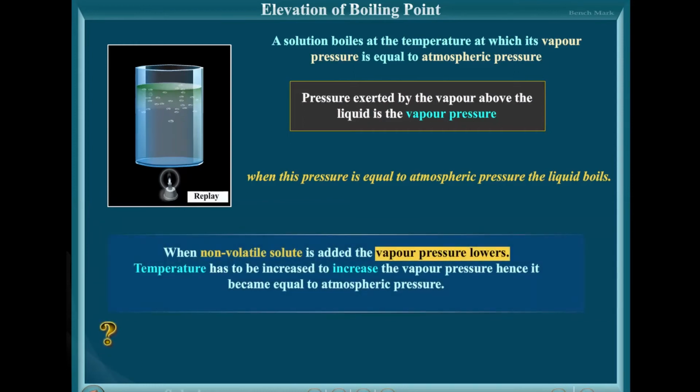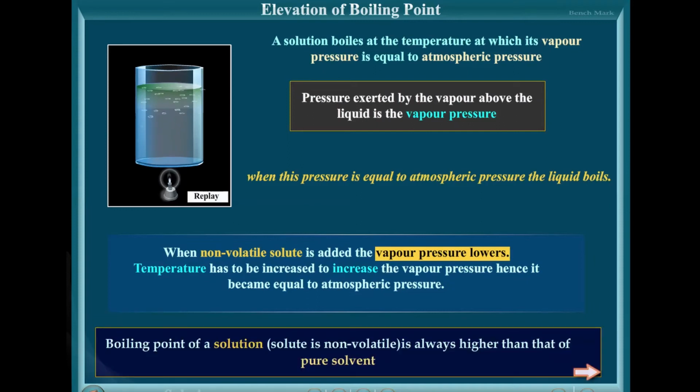The vapor pressure lowers, the reason which we have discussed earlier. So temperature has to be increased to increase the vapor pressure, till it becomes equal to the atmospheric pressure. So there will be an elevation in boiling point. The boiling point of a solution, that means a solvent with a non-volatile solute, is always higher than that of a pure solvent.